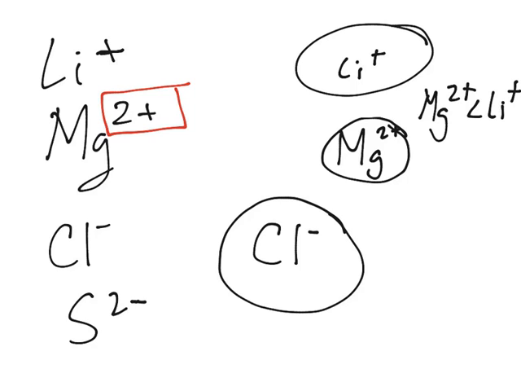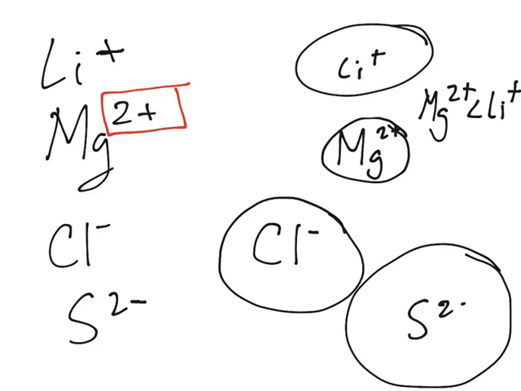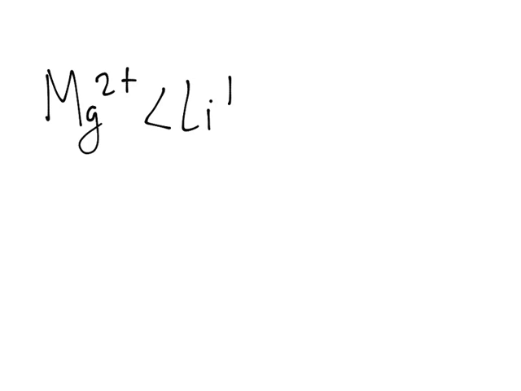And then sulfur has 2 negative charges, so it will have the biggest radius. So to arrange it, magnesium is the smallest and sulfur is the biggest. Magnesium is smaller than lithium, which is smaller than chlorine, which is smaller than sulfur.